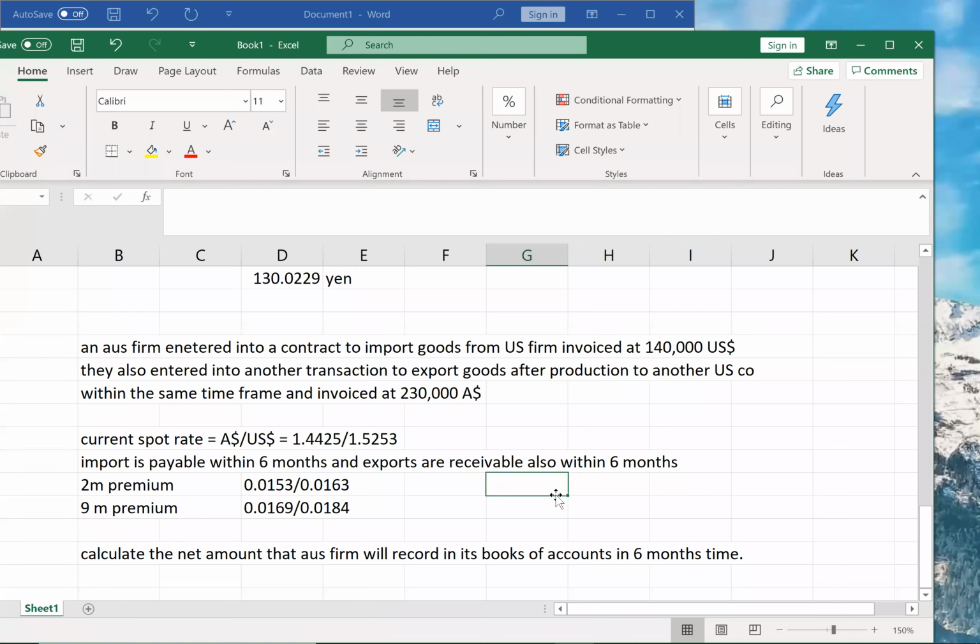So apply all the concepts that we have learned from yesterday, because it is a two-way quote.